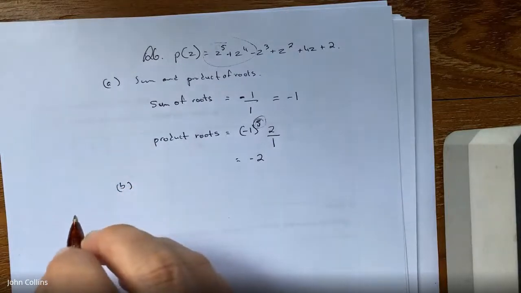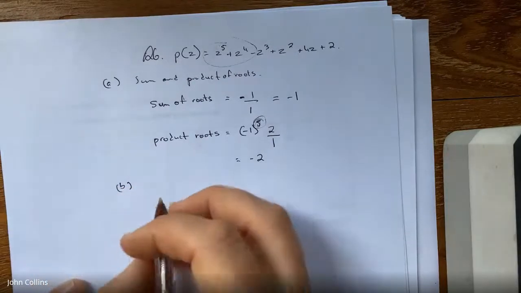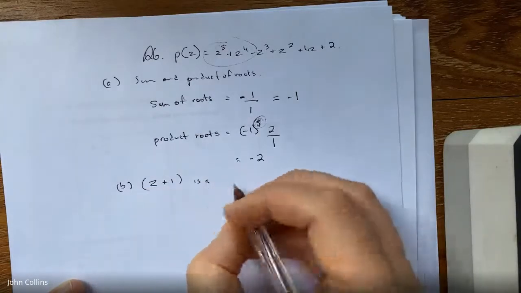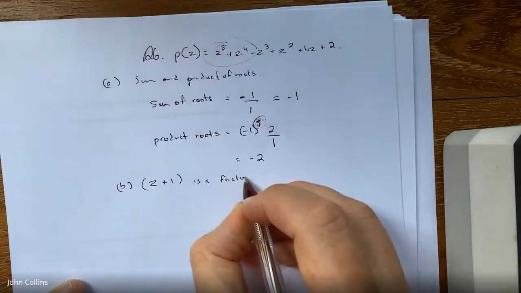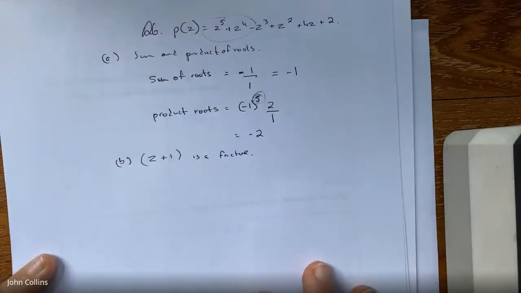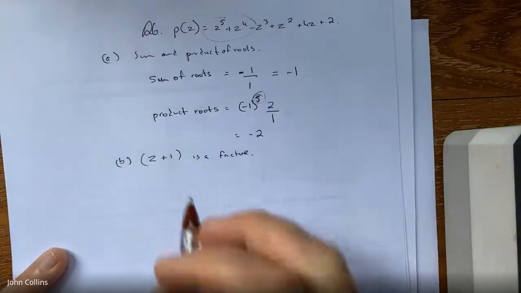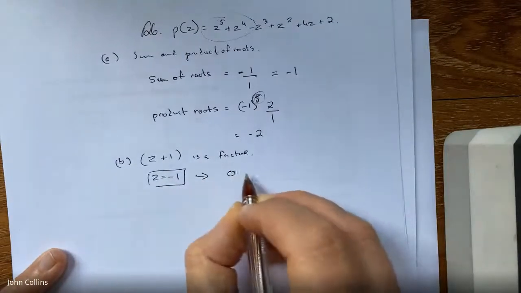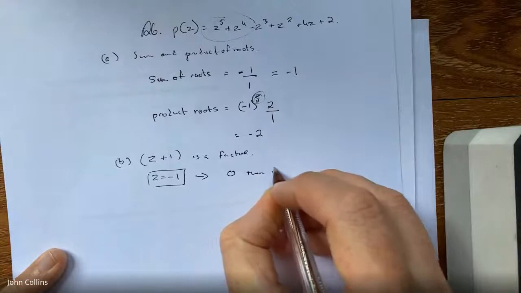Part B then asks us to show that z plus 1 is a factor. If we use the factor theorem and sub in z equal to minus 1, and we get out 0, then it is a factor.